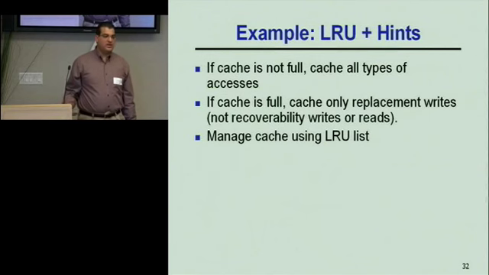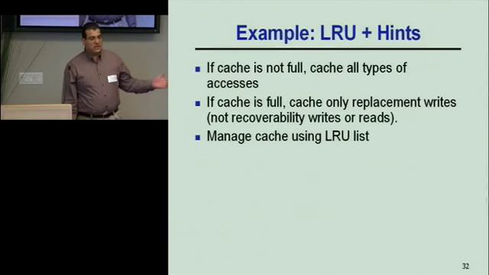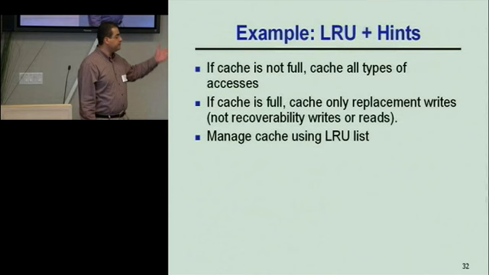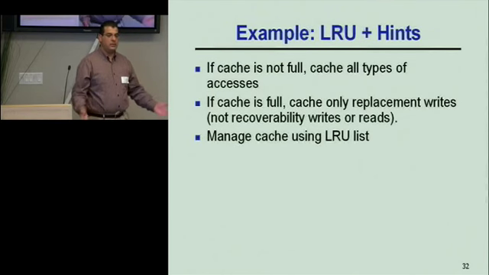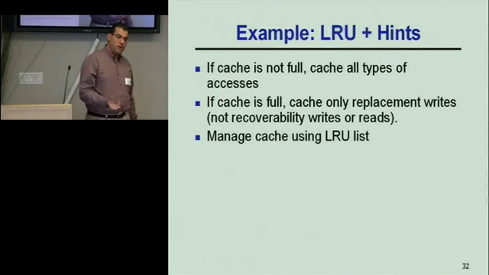And in terms of the storage server, here's an example of a cache replacement policy that relies on these write hints. Here's a way to add hint awareness to LRU. Basically, if a cache is not full, then there's no need for any fancy replacement policy, just cache everything. As soon as a cache is full, you only cache replacement write requests. So you don't cache recovery writes, you don't cache reads. Replacement writes are a strong hint from the database system that it's going to evict this page as being written.